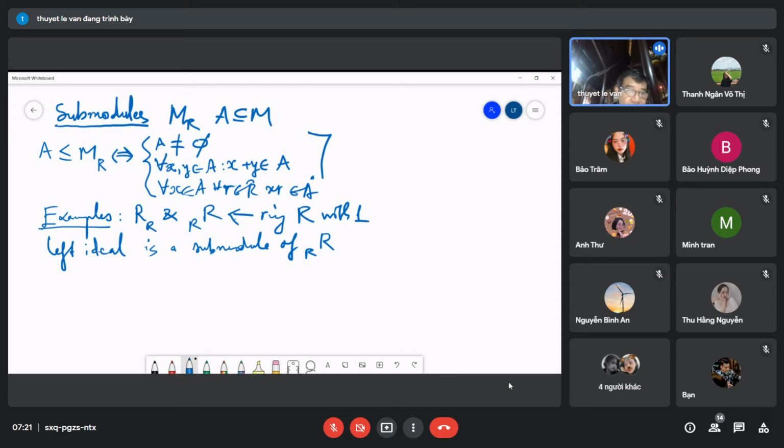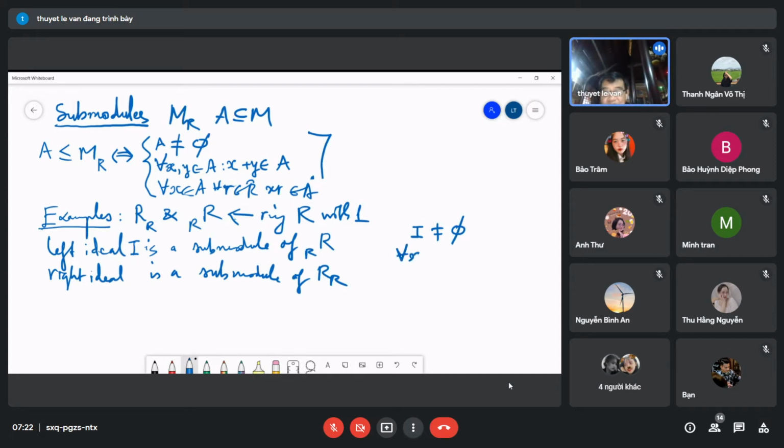And the right ideal is a submodule of R. Why? Because what is the condition of a left ideal? Take the I here. The first condition is that I is not equal to the empty set.